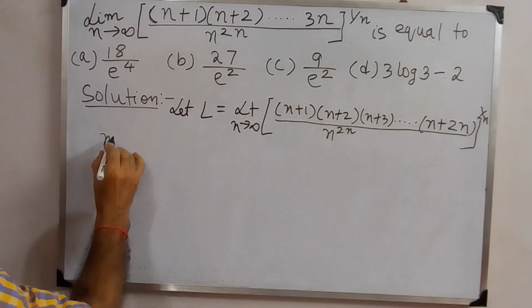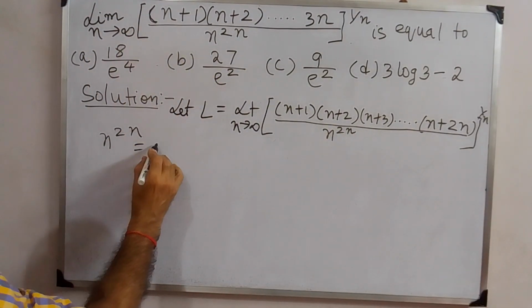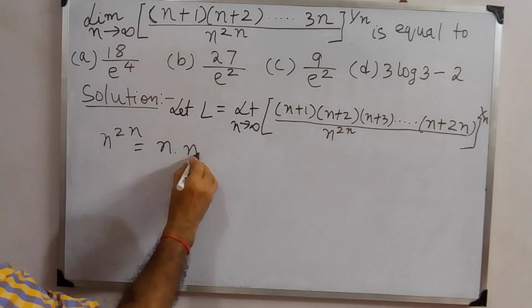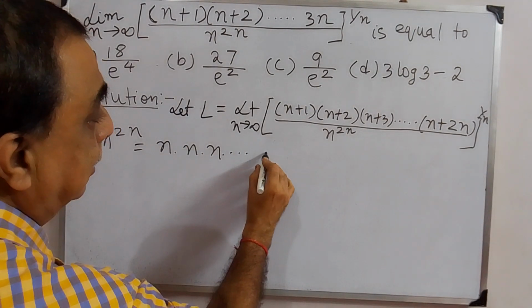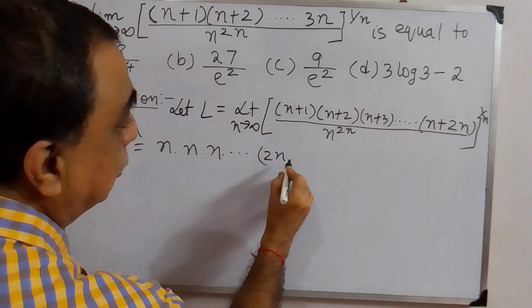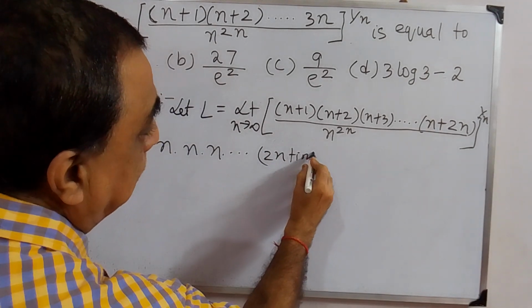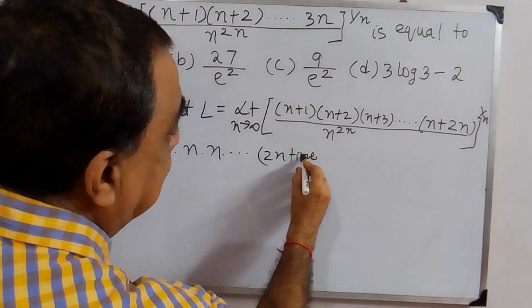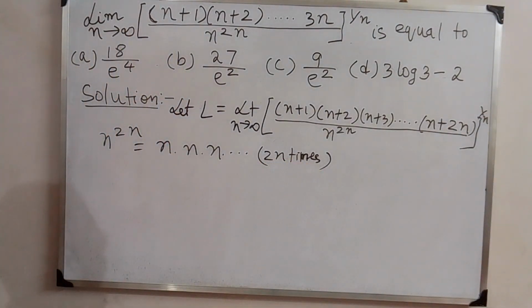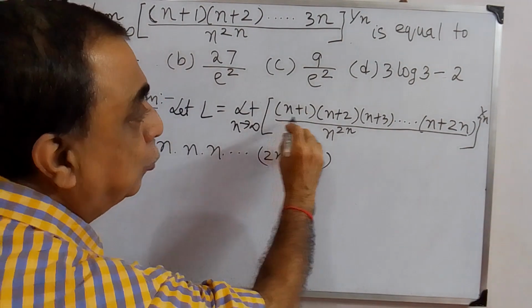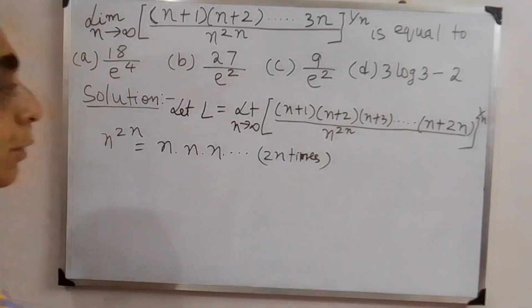Actually n to the power 2n means n into n into n, 2n times, and there are 2n terms in the numerator.